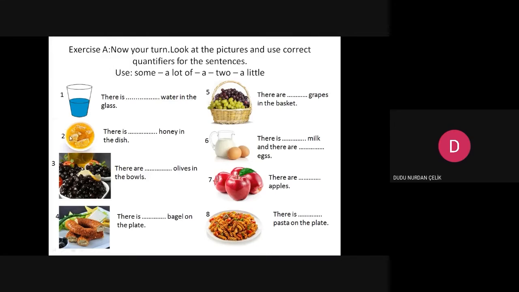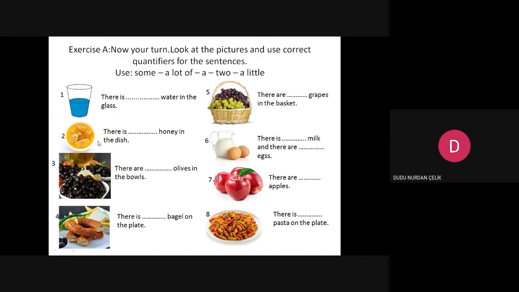There is some water in the glass. We can say some. Or maybe there is a little water in the glass. Both can be true. Now your turn. You can do it. Come on.